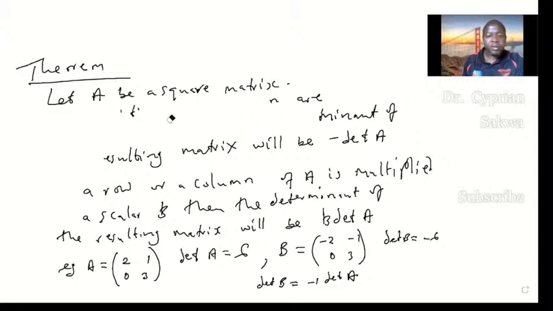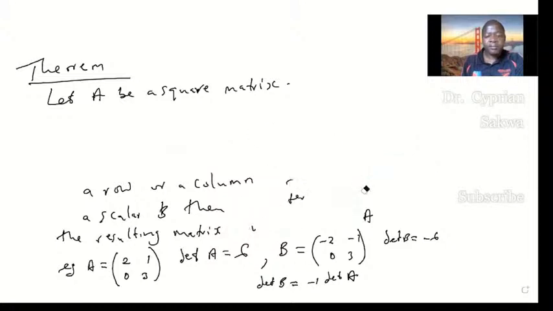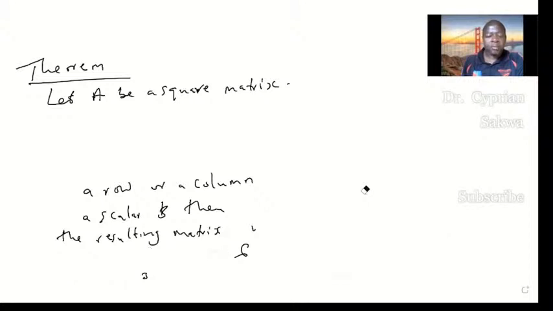And part C of this theorem, I'm still using a square matrix A. I want to look at part C of this theorem, and then after stating all those parts, we look at examples.